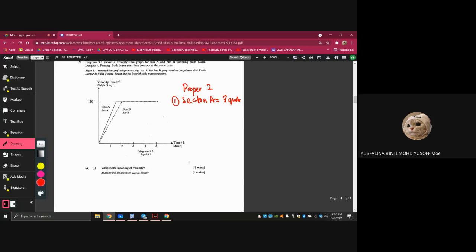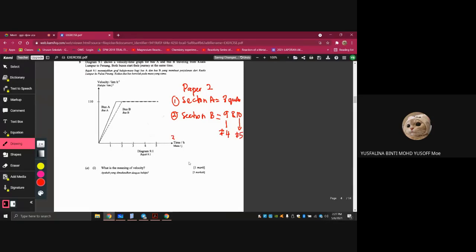Okay, for section B, right? For section B, question number 9 and 10. So number 9 is a form 4 question in SPM, and number 10 is a form 5 question.